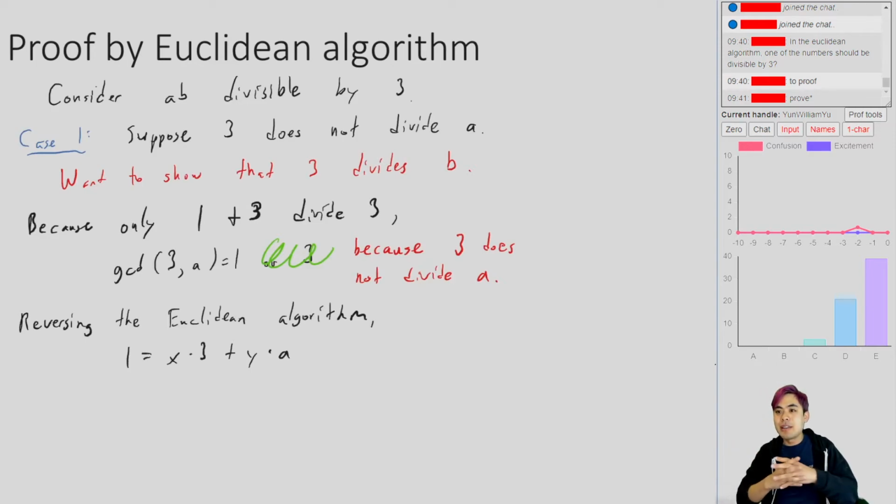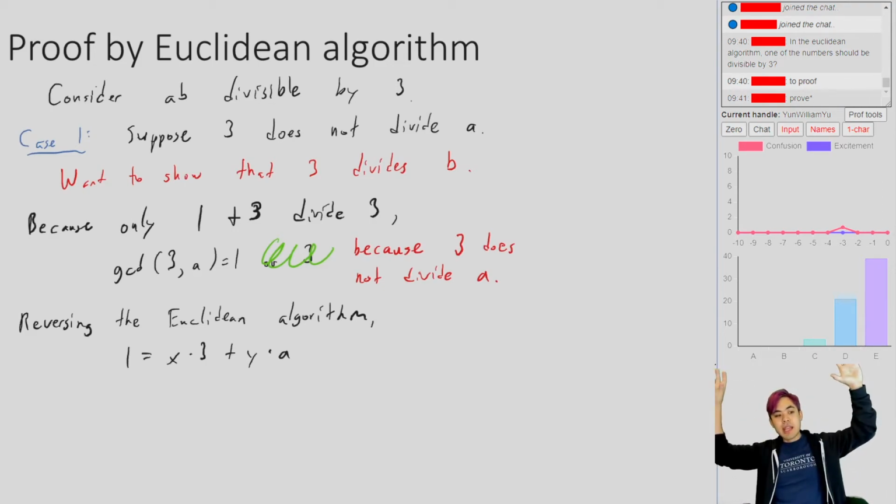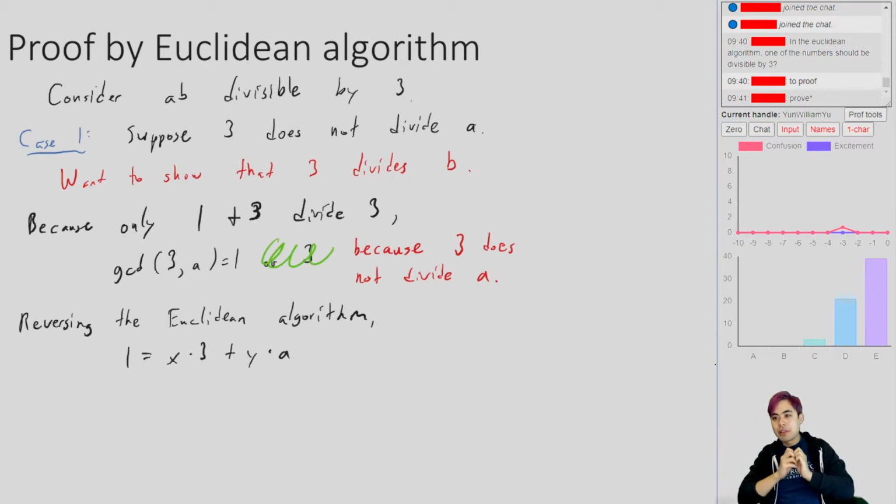Whenever you use the Euclidean algorithm to get the greatest common divisor of two numbers, you can reverse it and write the greatest common divisor as an integer linear combination of the two numbers you started out with. Yes, it is many steps, but because we know how to use the Euclidean algorithm, we're just going to skip those steps and say it's equal to something times 3 plus something times A.